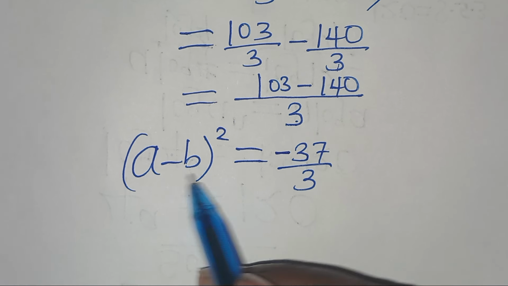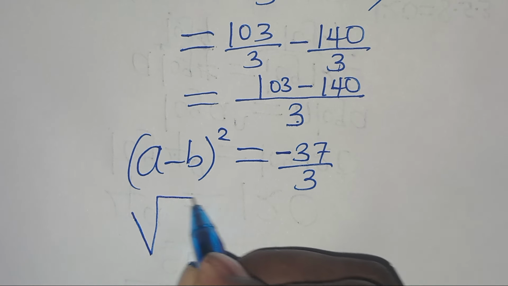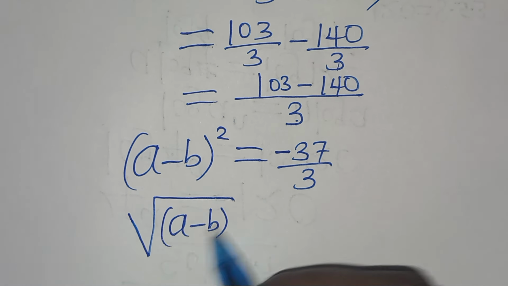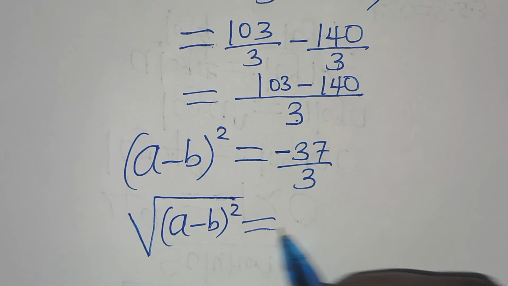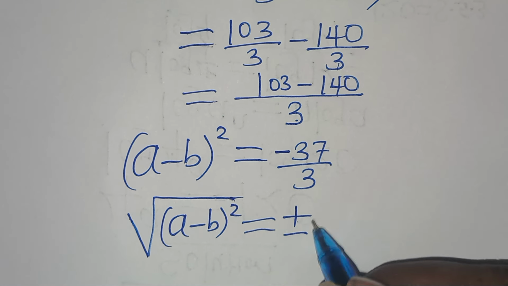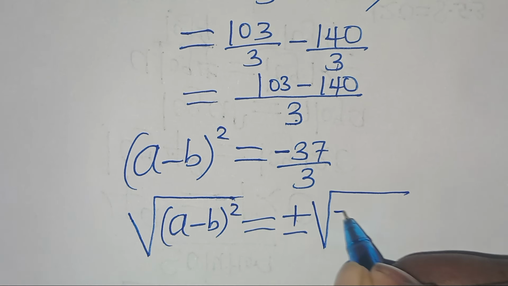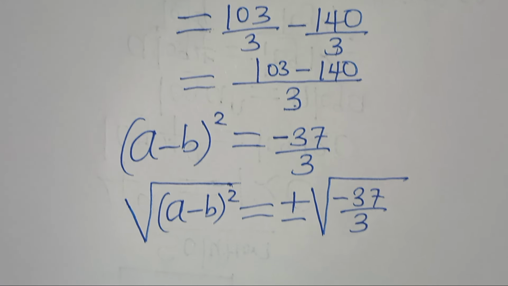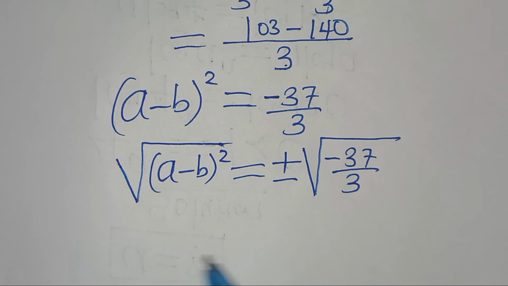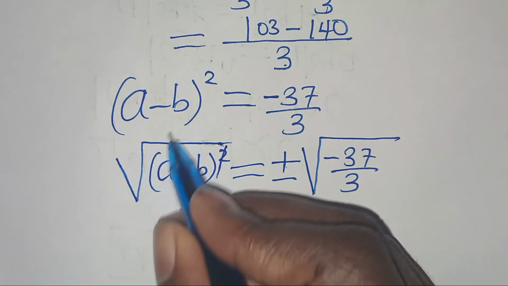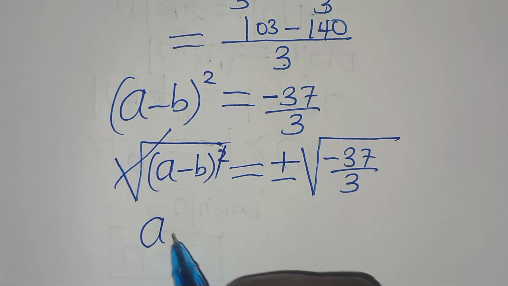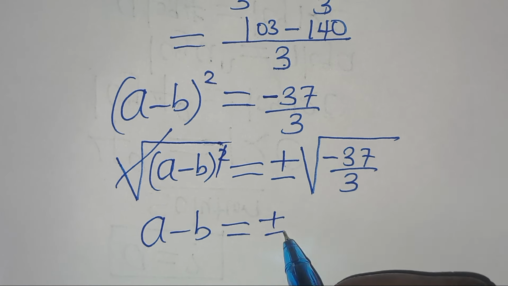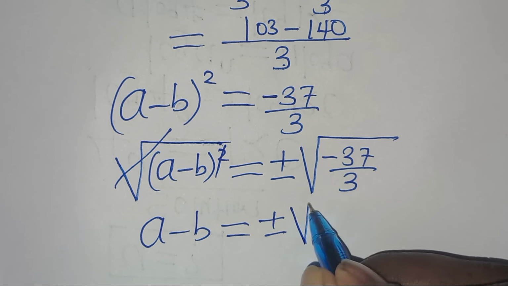To solve for a minus b, let's introduce a square root on both sides. So we have the square root of (a minus b) to the power of 2, which is equal to plus or minus the square root of minus 37 over 3. Now, let's eliminate the square root sign here. We have a minus b equal to plus or minus the square root of minus 37 over 3.